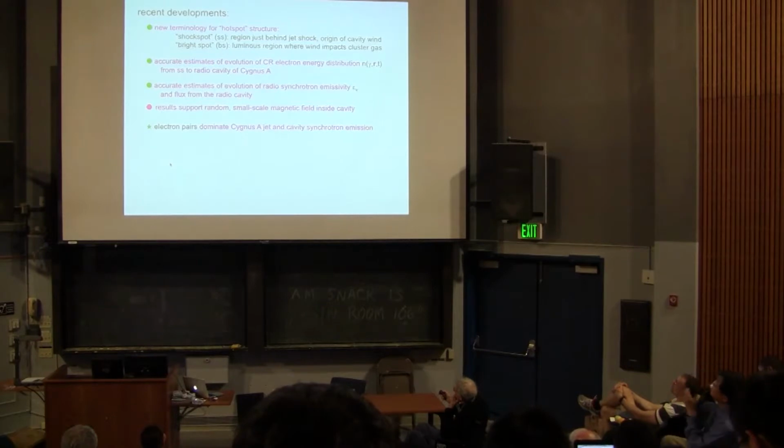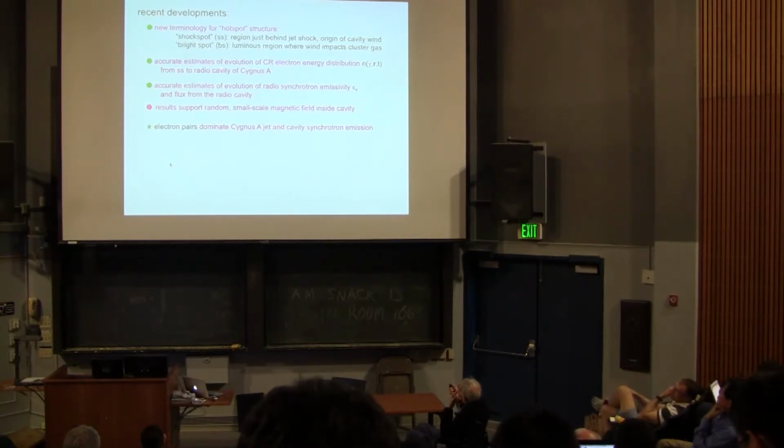Now, recently I've done more calculation, and I've actually calculated the detailed energy distribution of the cosmic ray electrons at every point in the radio cavity. This has never been done before, and I'm only using observations from the shock spot to do this.